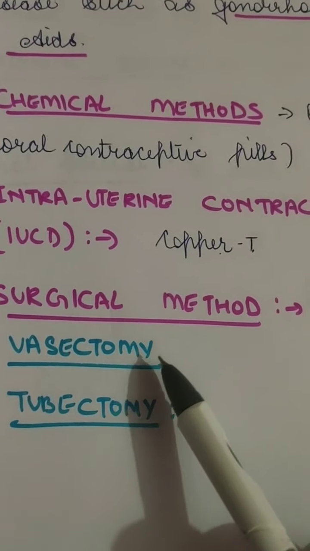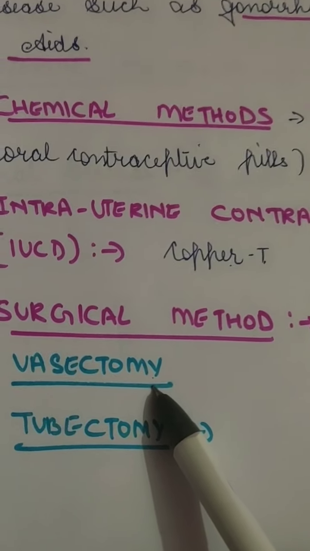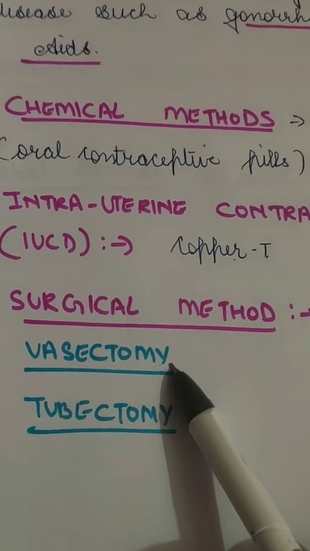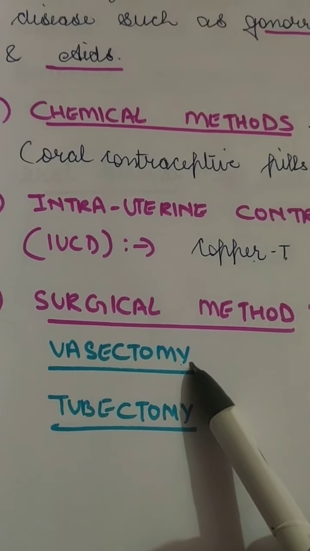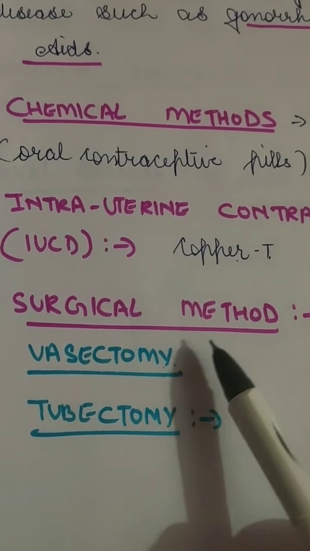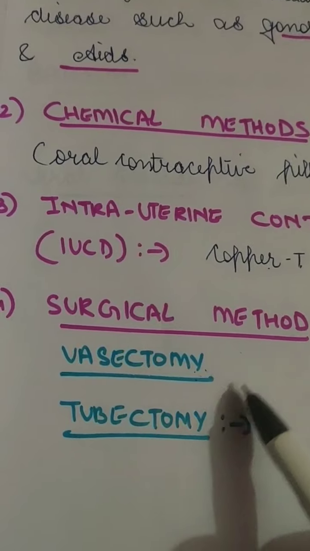In the case of males, it is called vasectomy. In this vasectomy, the surgery is done in the male, and the vas deferens is tied or cut so that it does not connect with the tube which joins with the penis.